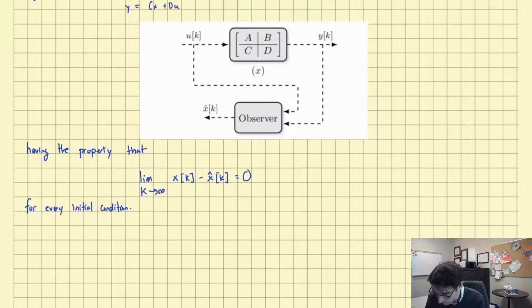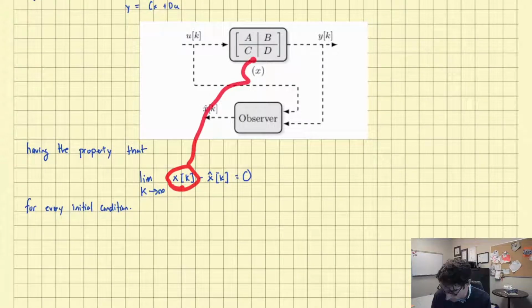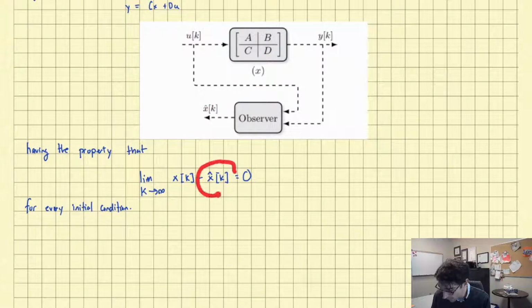Okay, so let's look at the picture again. So no matter how you initialize this plant, no matter how you initialize this observer of yours that you're going to design, we want that the difference between the plant's actual state, so x, and the thing coming out of our observer, this estimate x hat, that difference should go to 0.